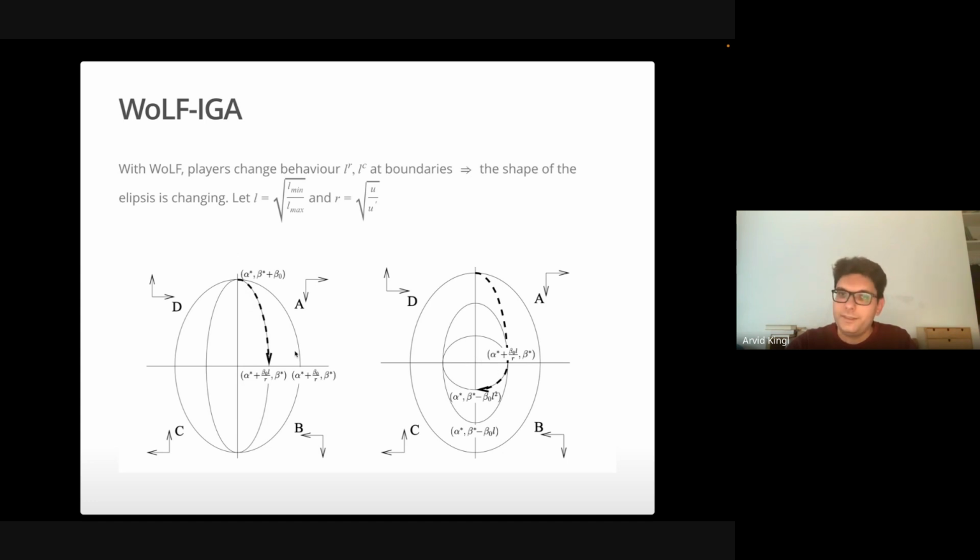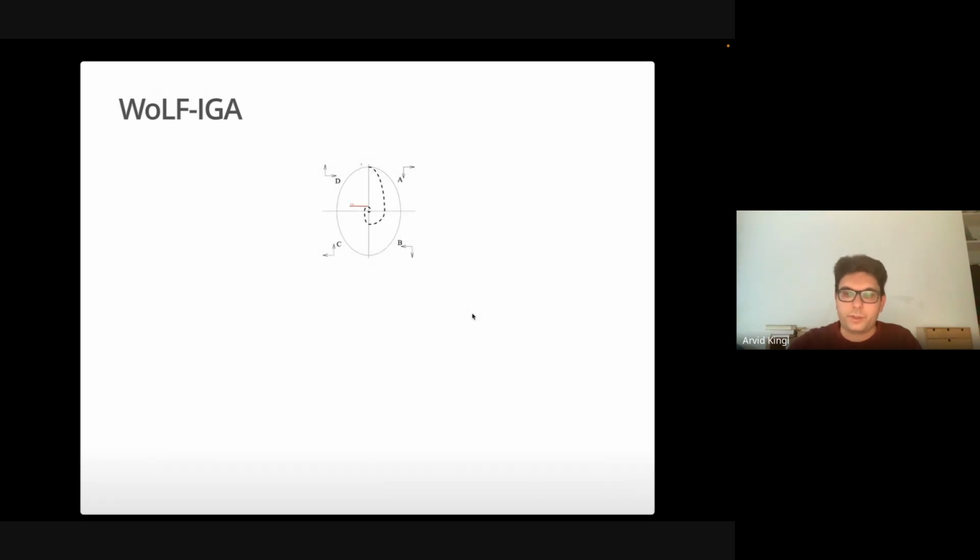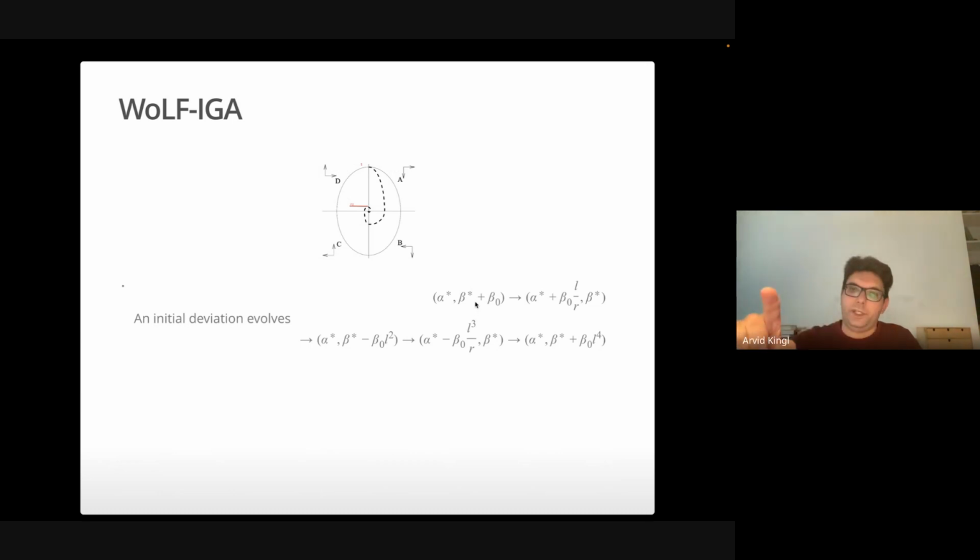But the moment we hit the center for one of the players, the behavior changes. We're still on an ellipse, but now the ellipse is elongated in the other direction. So rather than following the original ellipse, we're now on a different ellipse path that ends up closer to the center than where we started. We can do the full circle, and every time our strategy behavior changes, so one player goes from winning to losing, we acquire a prefactor, so that once we have gone once around, we are multiplying our original deviation, beta naught, with L min over L max squared.